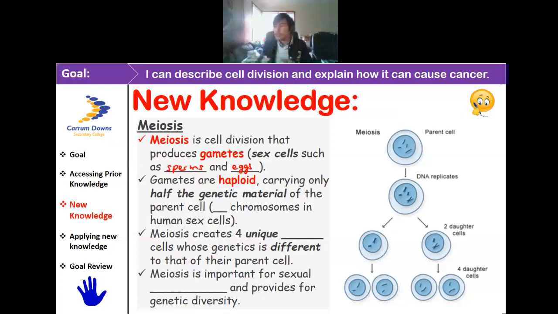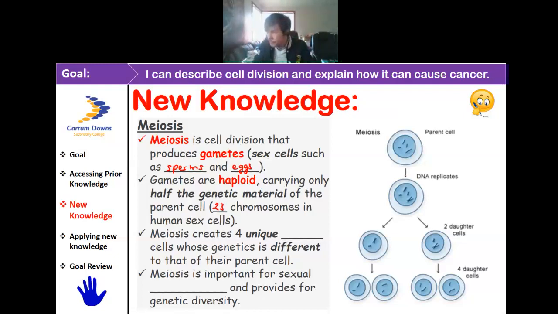Di means two. So gametes are haploid. They carry only half the genetic material. What that means is, since in a cell we have 46 chromosomes, the sperm and the egg cells only have 23 chromosomes. And when a sperm meets an egg, they combine together and make 46 in total.